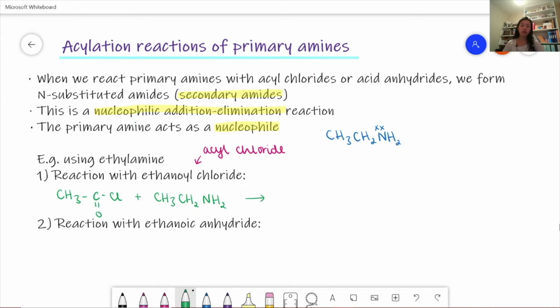And then what we form is CH3, C double bond O, and then we have NH, CH2CH3, and then we also form HCl because we've lost one of the hydrogens off of this ethylamine, and it's bonded with the chlorine that's been lost from the ethanoyl chloride. And so what we formed is N-ethyl ethanamide.